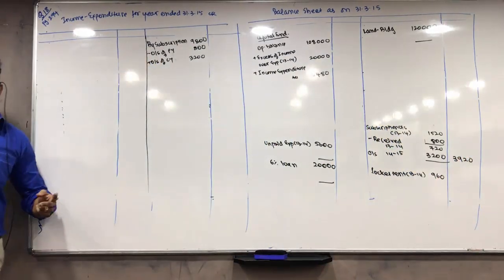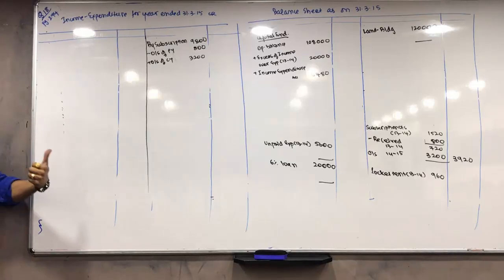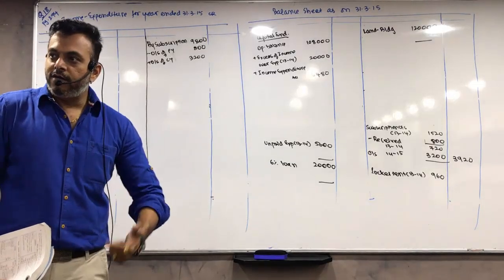So we have two outstanding items in the balance sheet, one for 13, 14 and another for 14 and 15.